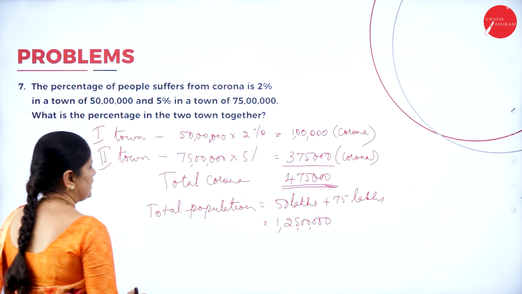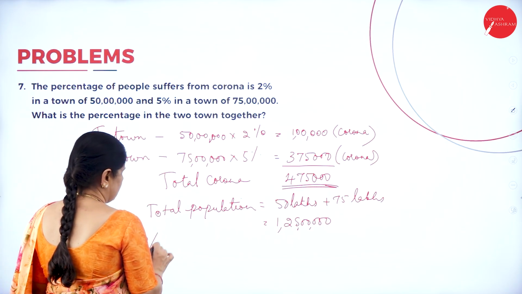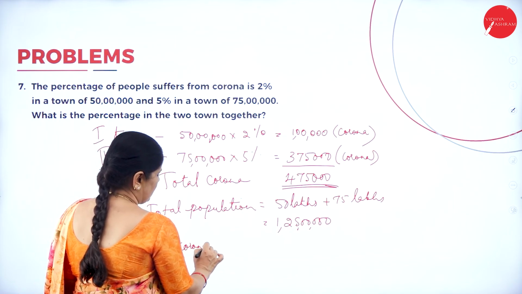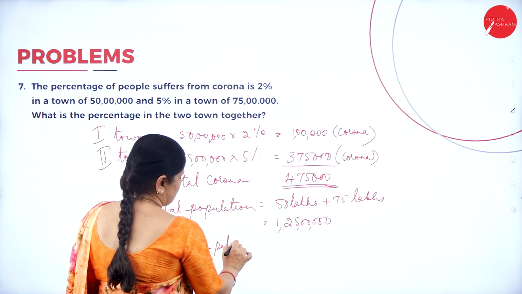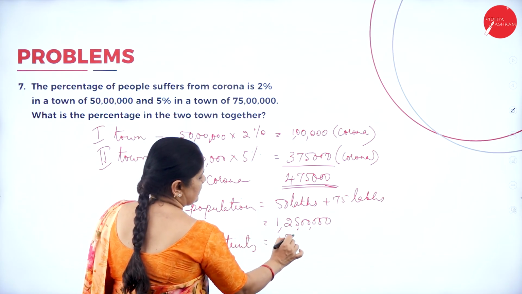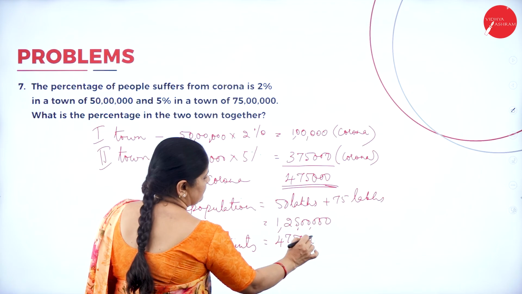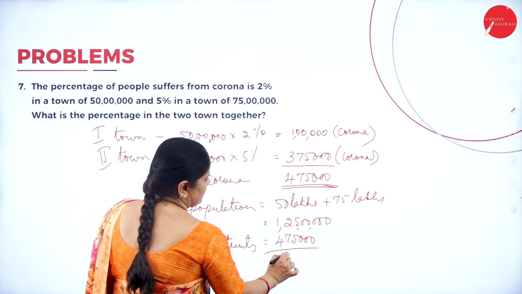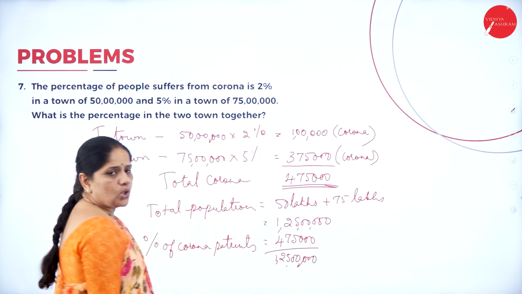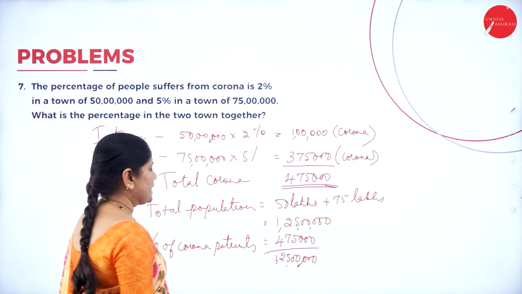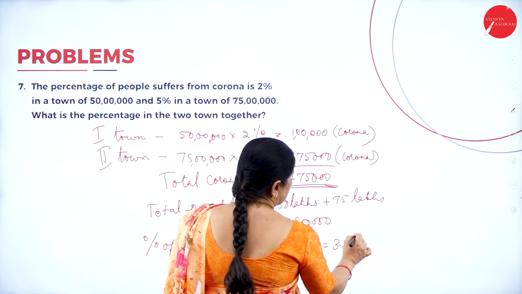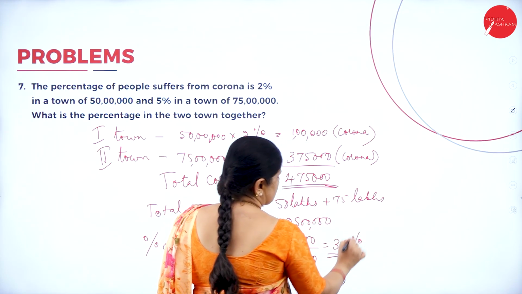Now we calculate the percentage. The percentage of corona patients equals 4,75,000 divided by 1 crore 25 lakhs. So this will be equal to 3.8%.